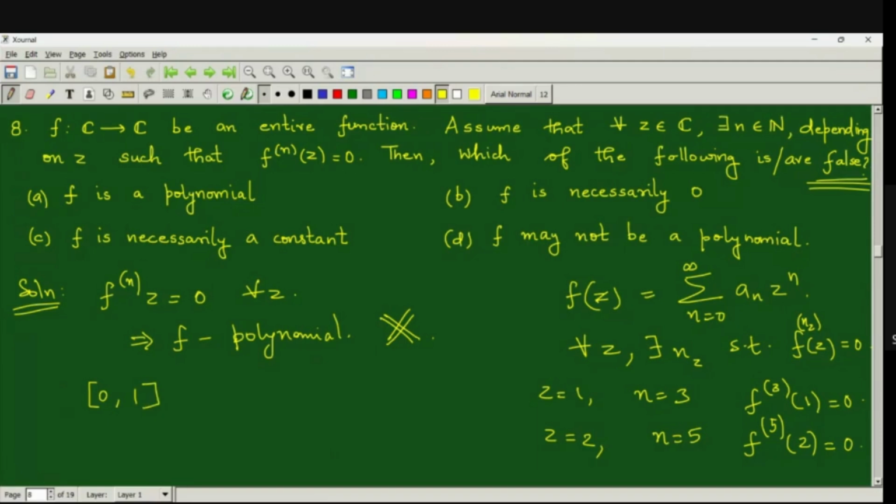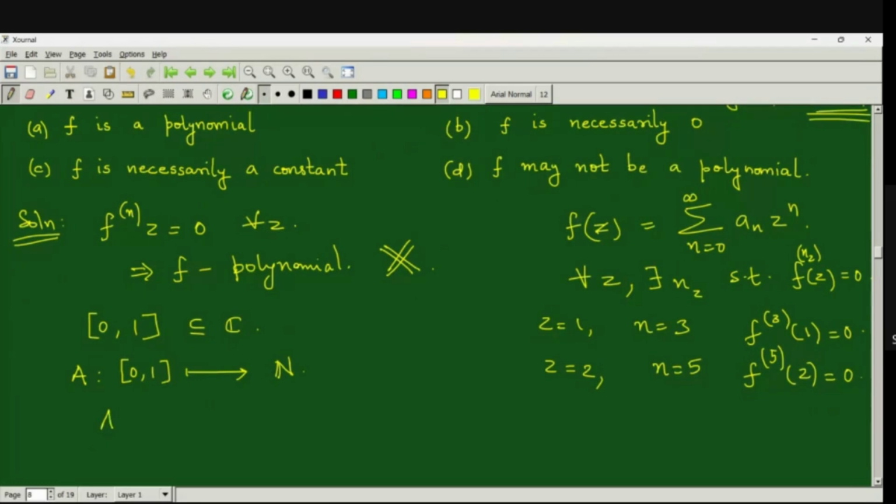Whichever uncountable set you can take from C. So this is an uncountable subset of C. Now, given this map, let me call this map A. For each point in that set, assign it to that n which is making this thing 0. Till this you understood?